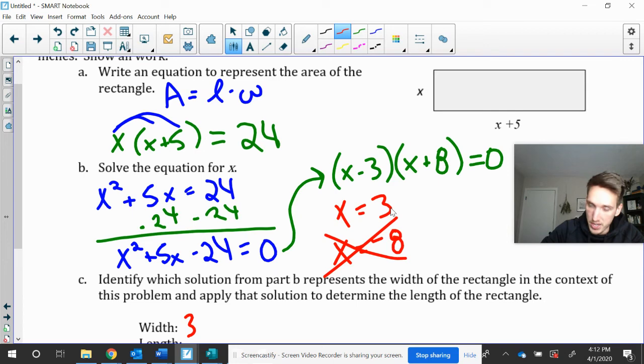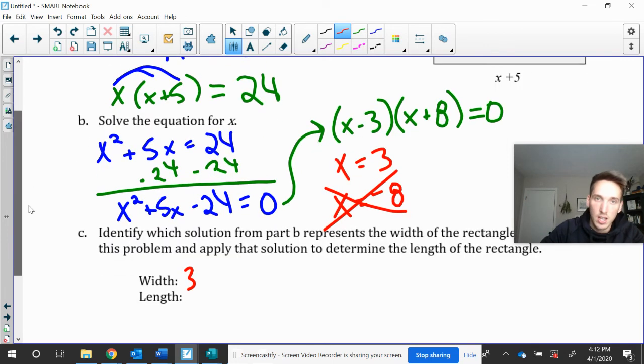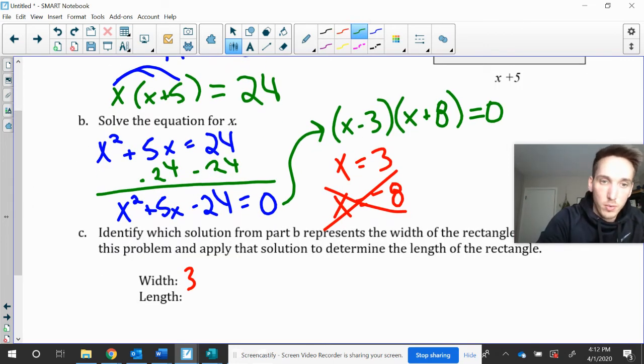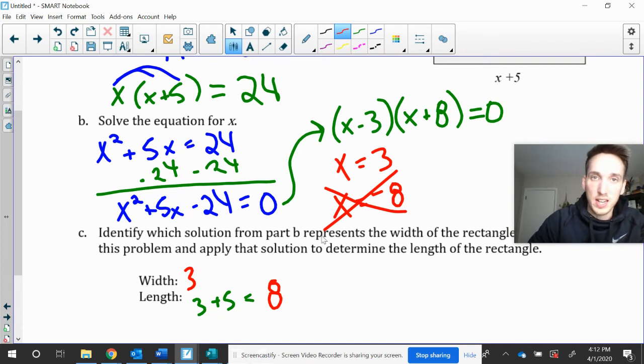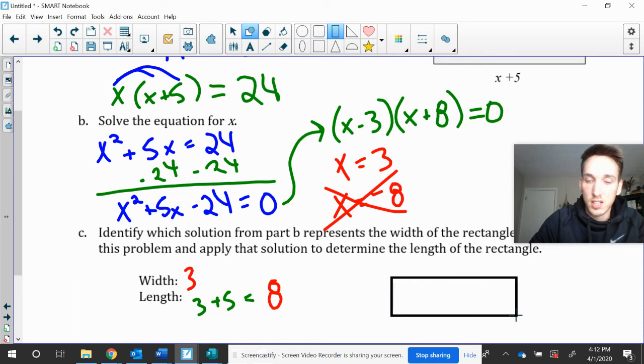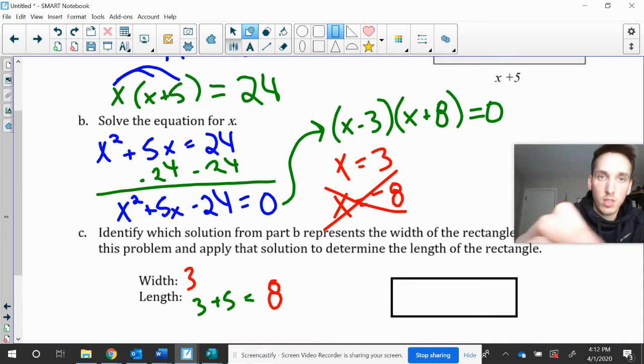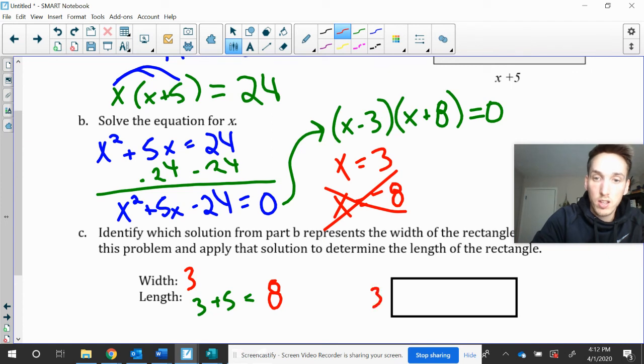So if x is 3, to find the length, it's 3 plus 5, which equals 8. So if I were to sketch out this rectangle again, the side lengths are going to be 3 by 8.